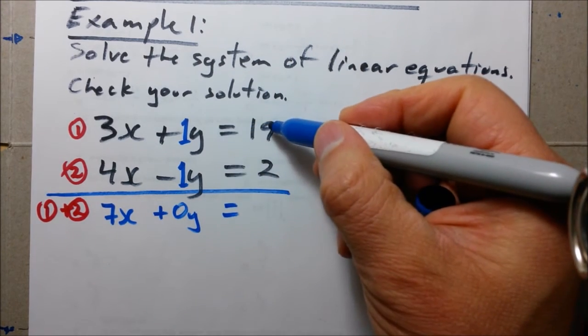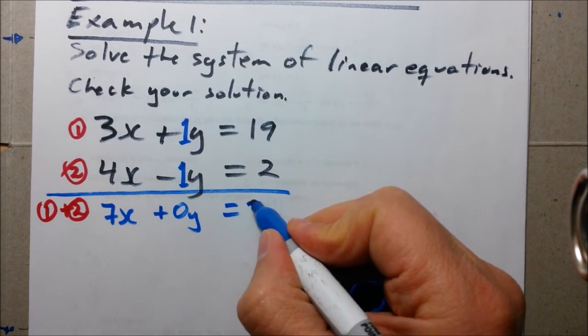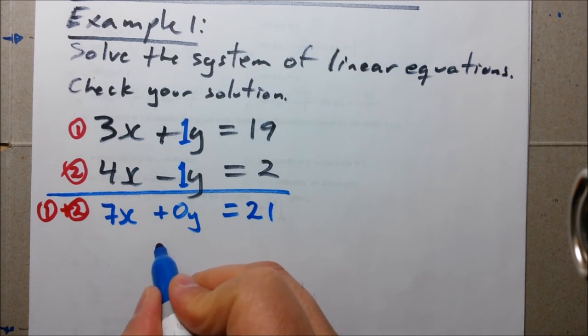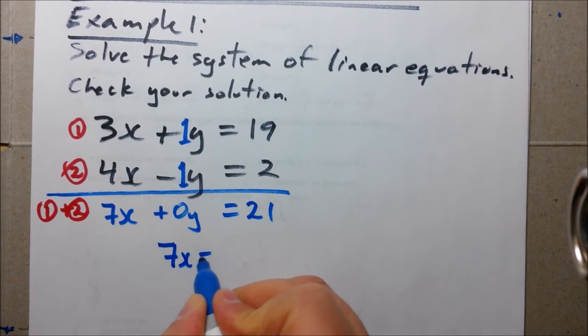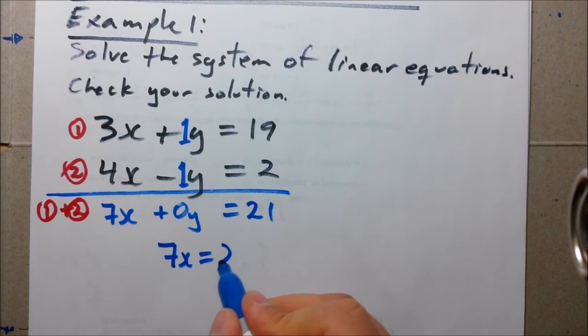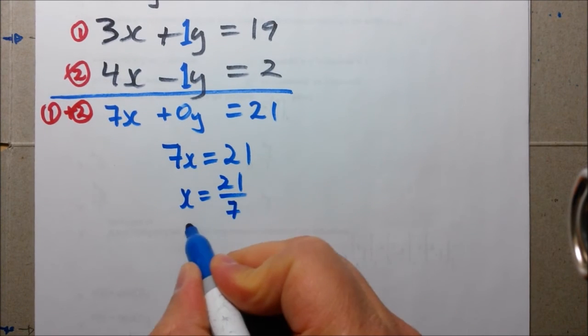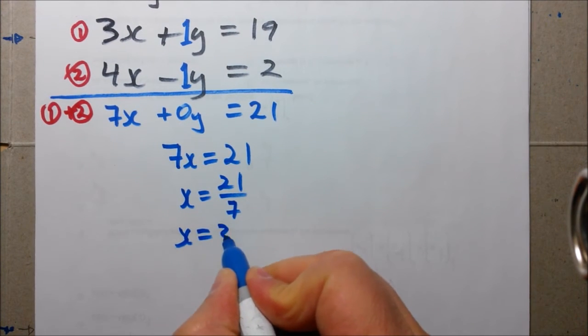And now we're adding 19 plus 2, that gives us 21. So now we're left with 7x equals 21. Now we can solve for x. So x is equal to 3, because 21 divided by 7 is 3.